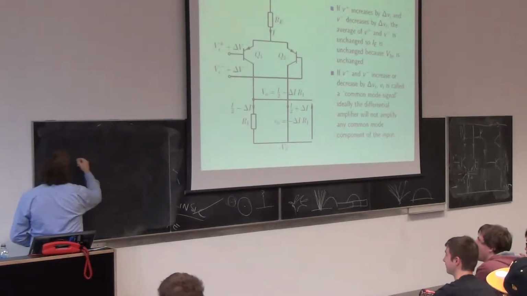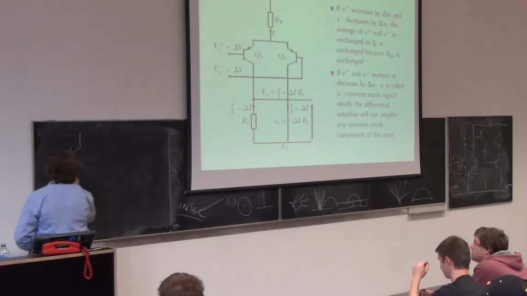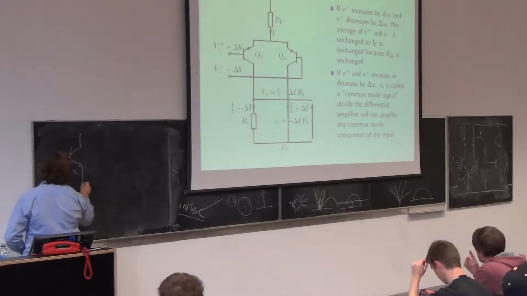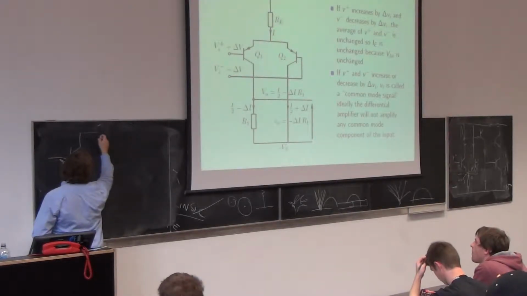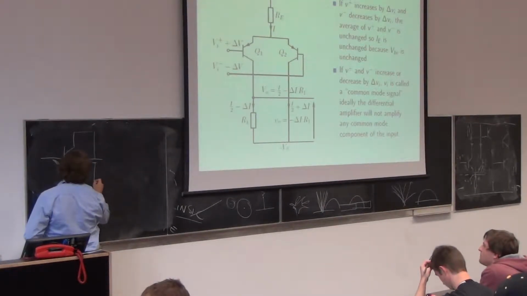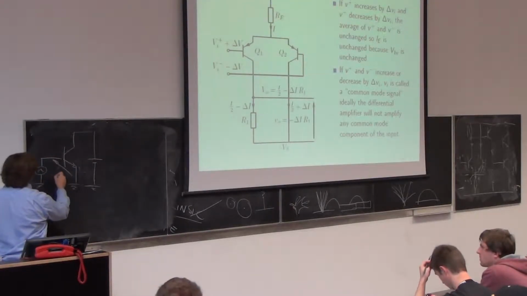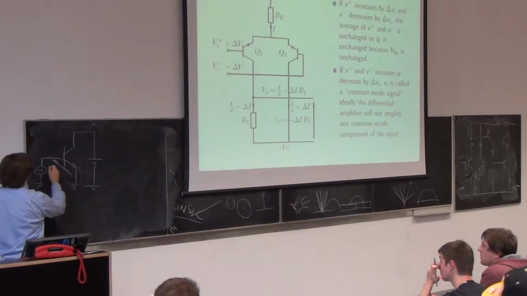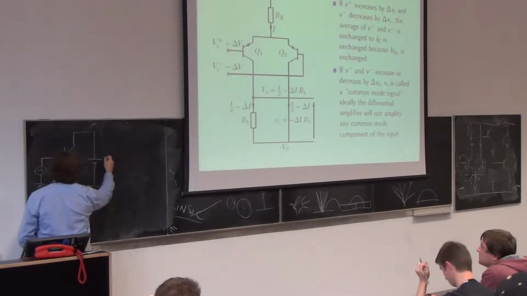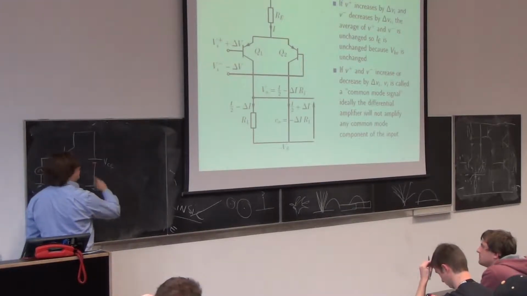So if I've got just a single transistor on its own, I'm going to run a test, and I'm going to change VBE while I keep VCE more or less constant.